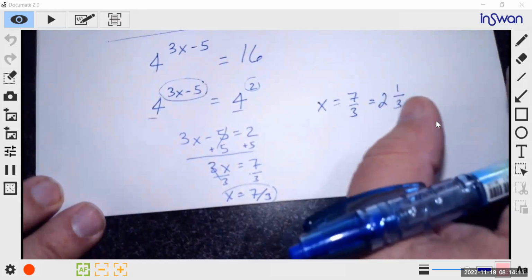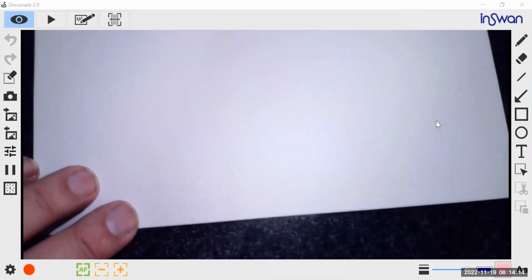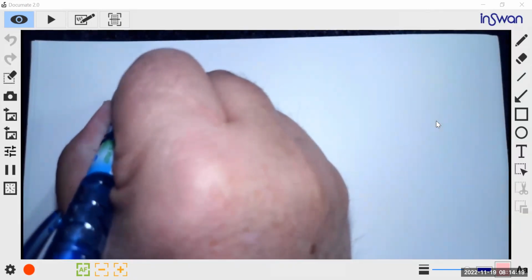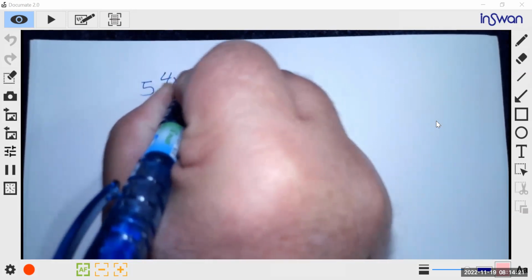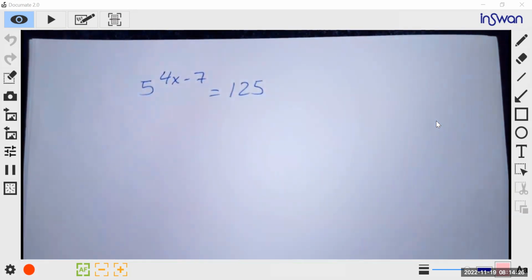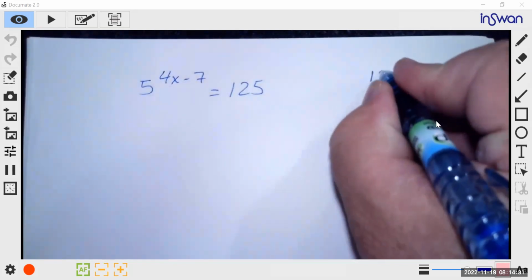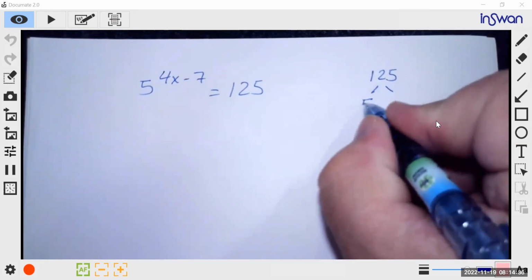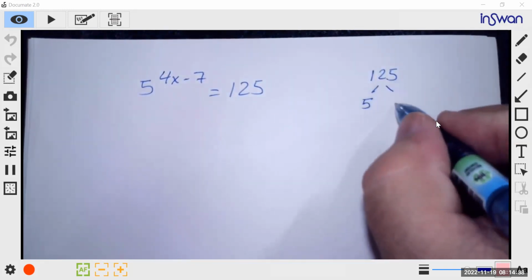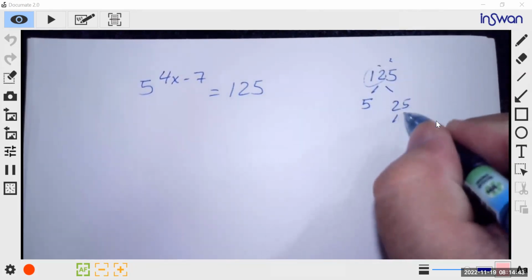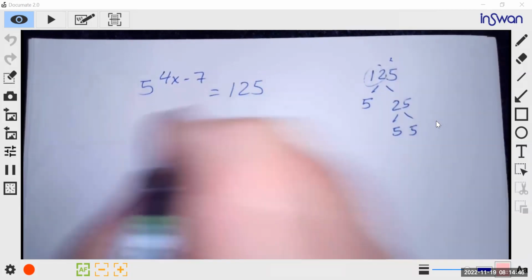All right, let's look at another one. Five to the power of 4x minus 7 equals 125. Since 125 ends in a 5, we know it's divisible by 5. 5 goes into 12 2 times with 2 left over. 5 times 5 is 25, and that's made of 5.